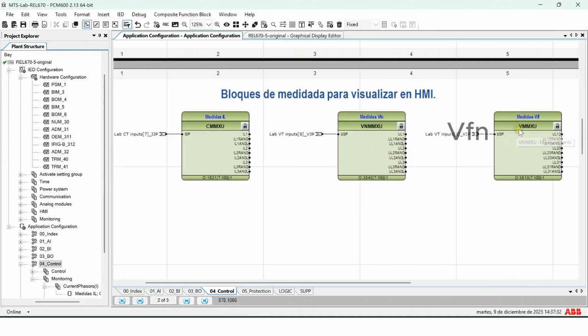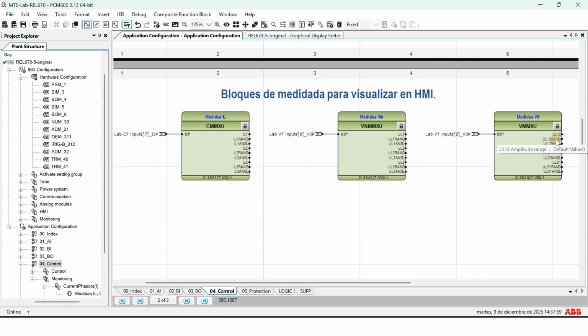If a VMMXU receives phase to neutral voltages, it performs the conversion to deliver phase to phase values. This automatic correction avoids additional configurations and ensures consistency between the input signal type and the output that each block must deliver. These blocks provide as outputs the magnitudes and angles of each three-phase set.